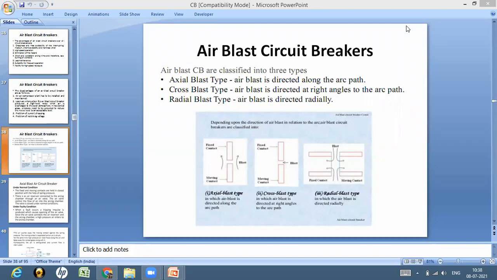We have classified the air blast circuit breaker into three types, called axial blast, cross blast, and radial blast.